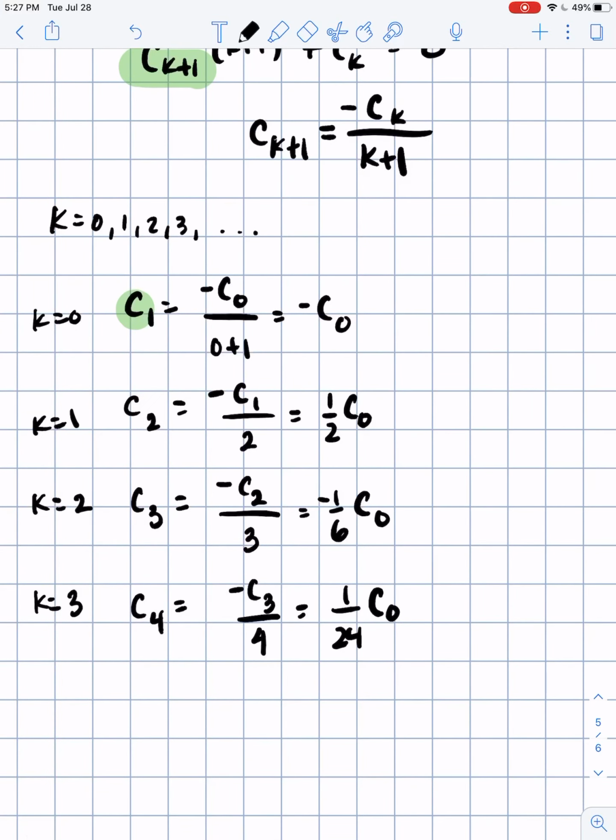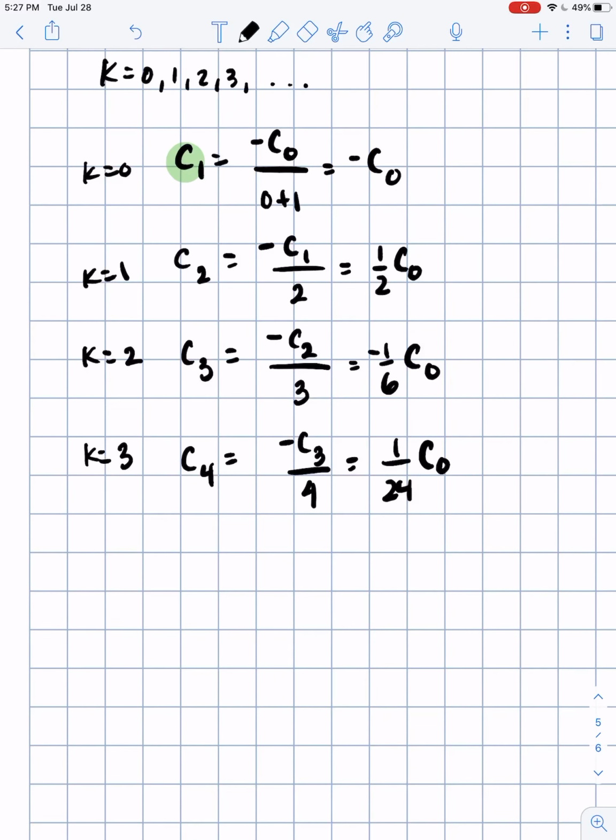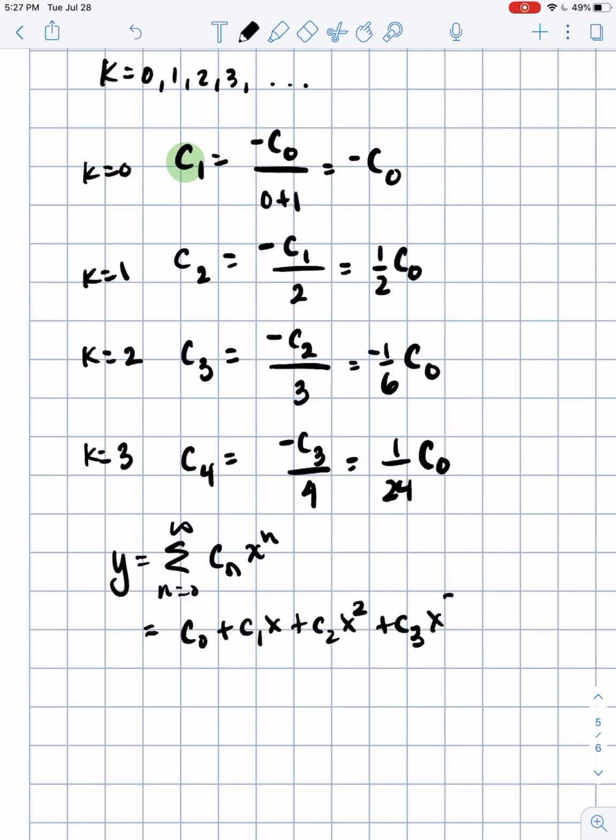So what we could do is put this into a power series, meaning, let's go back to what a power series looks like. If you have your power series that we started with, sum from 0 to infinity of c sub n x to the n, this is going to give me c sub 0 plus c sub 1 x plus c sub 2 x squared plus c sub 3 x cubed plus c sub 4 x to the 4th and so on.